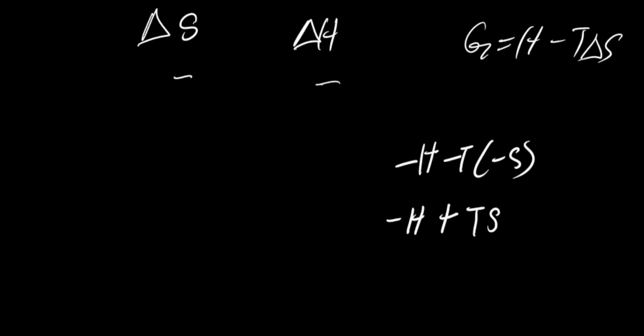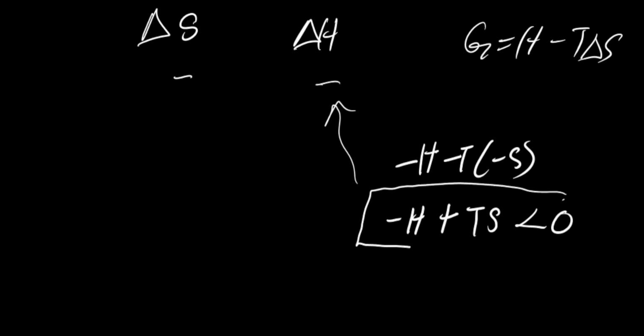For spontaneity, this value should be less than 0, so it should be negative. Now, what's the condition for a situation like this to give a spontaneous reaction? It means that this must be less than 0.